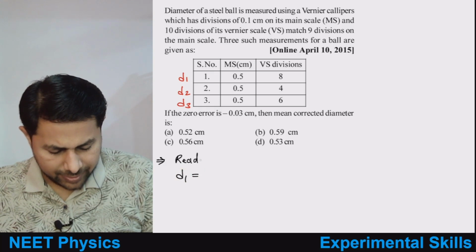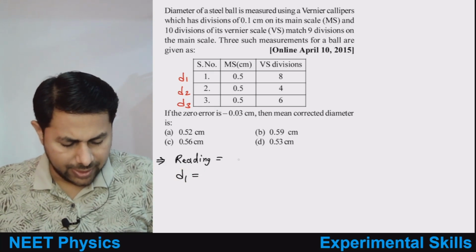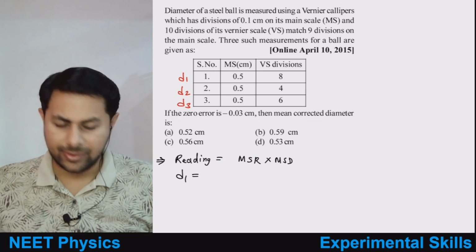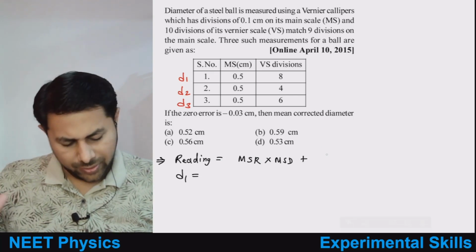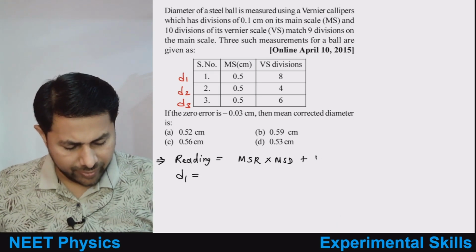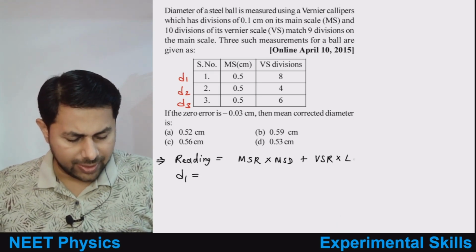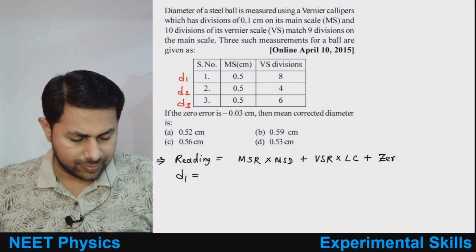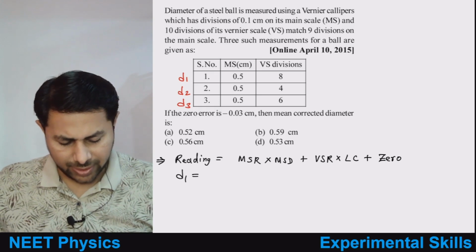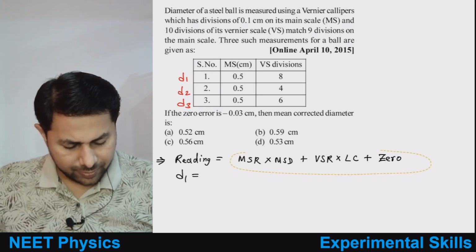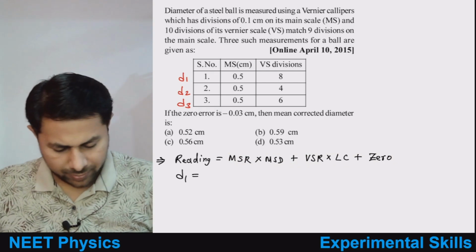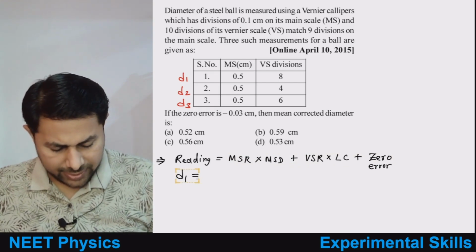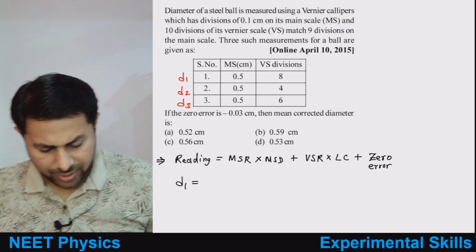Any reading is main scale reading multiplied by main scale division, plus Vernier scale reading multiplied by the least count, and plus zero error. Let's write what are the values of D1, D2, D3.